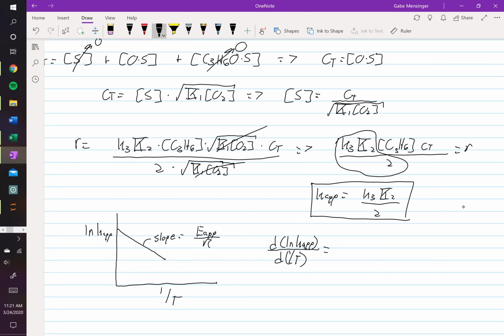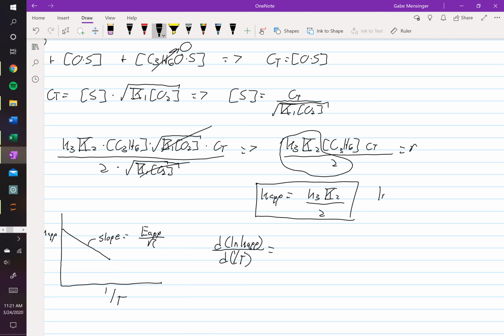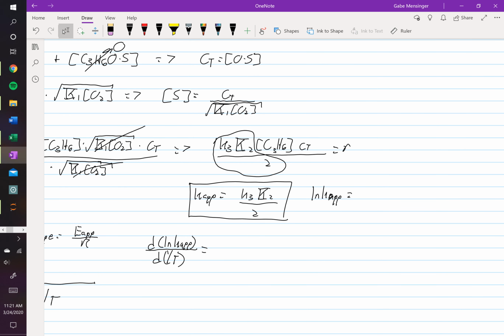If we take the log of this side, we have to take the log of this side. When we take the log of that side, we can apply the rule of logs, where log of K apparent will be equal to log of K3 plus log of K2 minus log of 2.